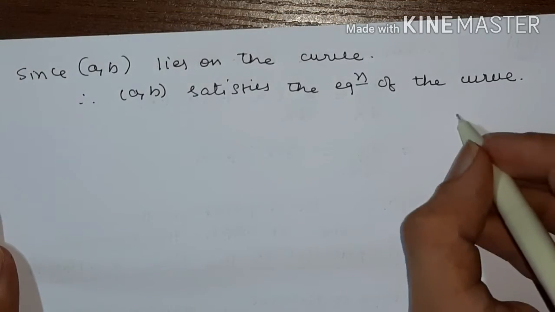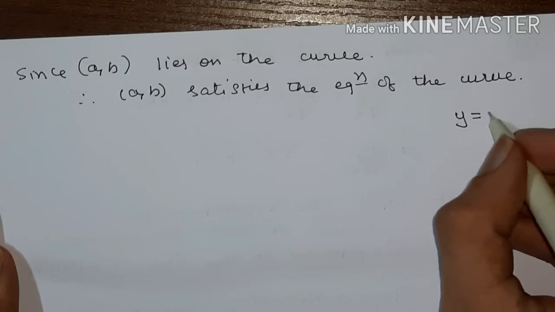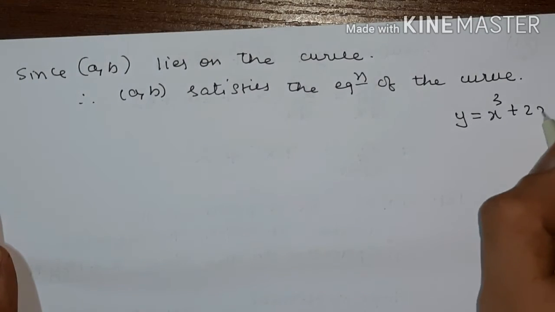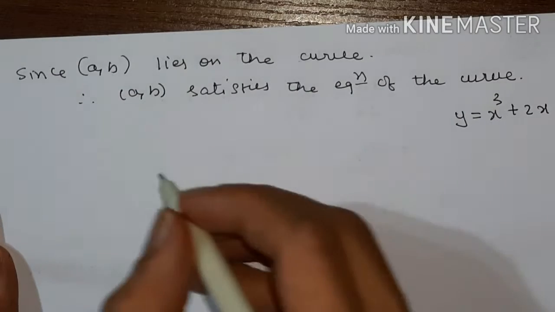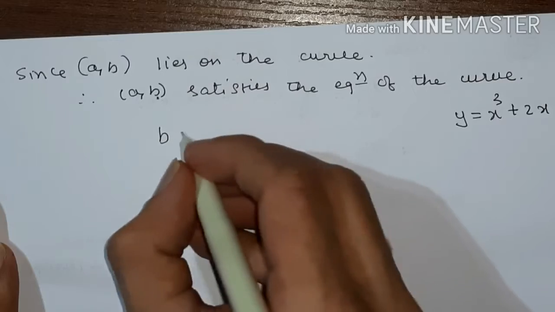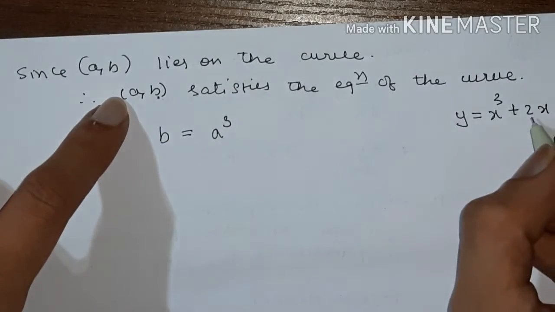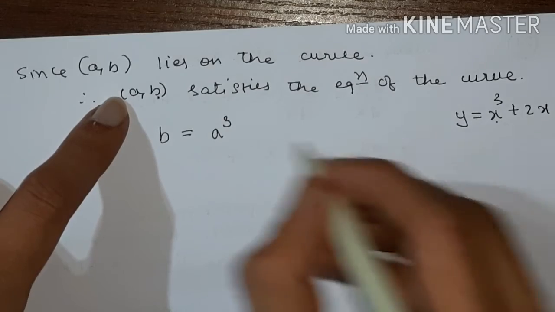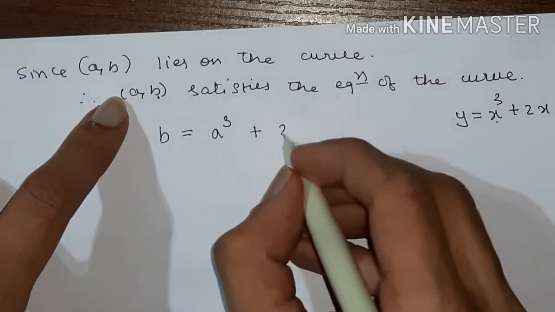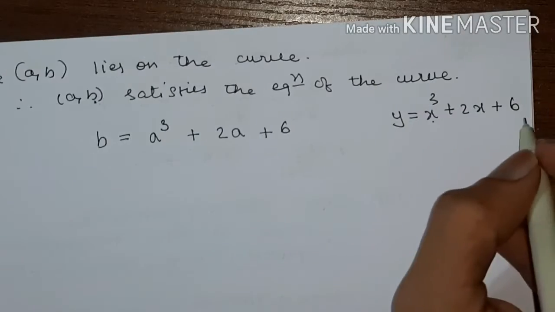So the equation of the curve is what? y = x³ + 2x + 6. So this b is the y coordinate, so you'll get b = a³ + 2a + 6, substituting x = a.